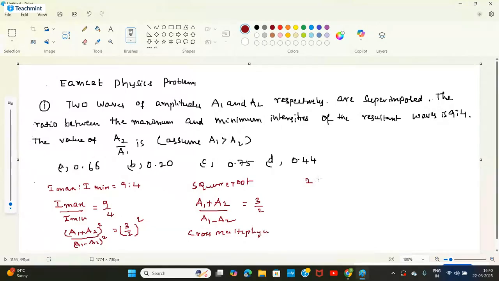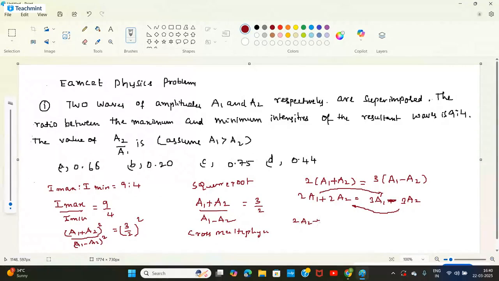that is 2 into (A1 plus A2) is equal to 3 into (A1 minus A2), and 2A1 plus 2A2 is equal to 3A1 minus 3A2. Transferring, 2A2 plus 3A2 is equal to 3A1 minus 2A1, that is 5A2 is equal to A1.